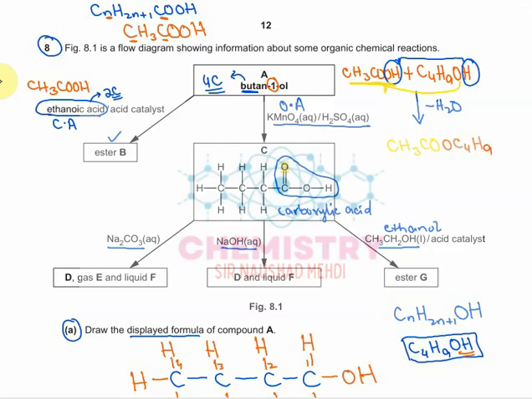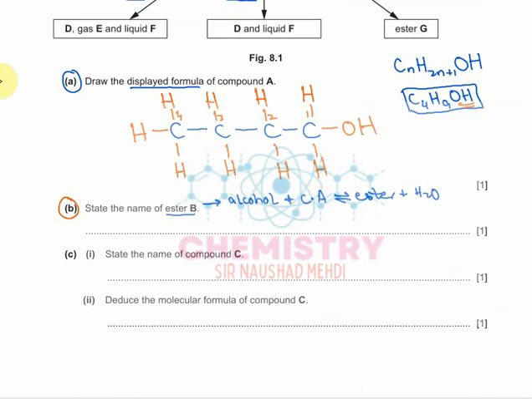So this is the ester which will be formed over here, which is the ester B. So ester B is CH3COOC4H9. But the question was asking you to state the name of an ester.